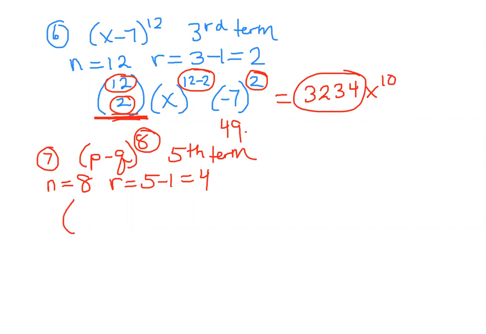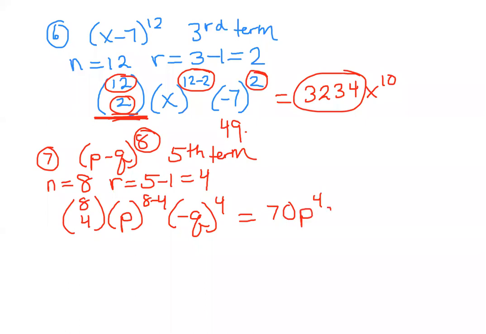So we're going to say 8, 4, p to the 8 minus 4, negative q to the 4th. Okay, and you do this on your calculator, and you will get 70, p to the 4th, q to the 4th. Because this is an even number, the negative isn't there. All right, let's look at number 8.